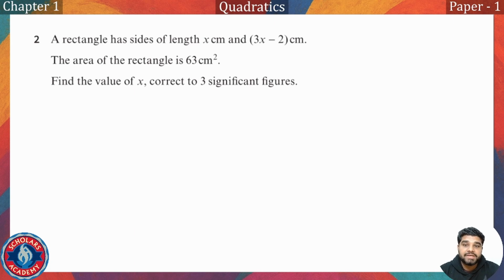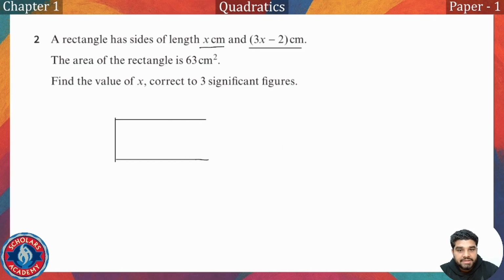So the question says a rectangle has sides of length x centimeters and 3x minus 2 centimeters. So two sides of the rectangle. If we have this as a rectangle, we'll say that one side of the rectangle is x centimeters and the other side is 3x minus 2 centimeters.